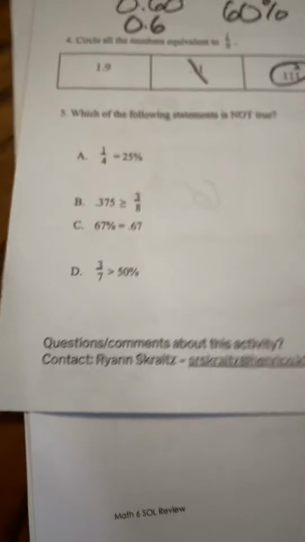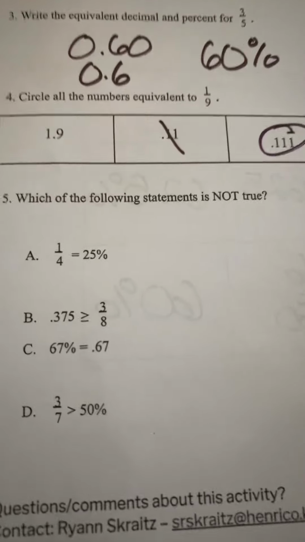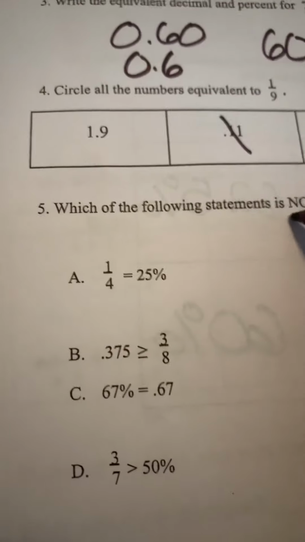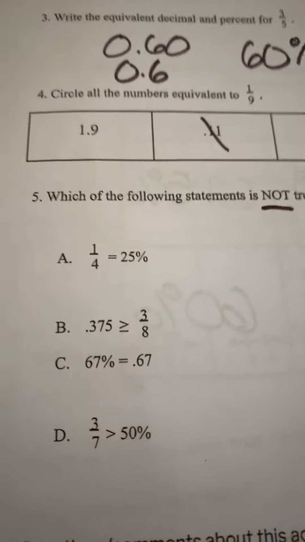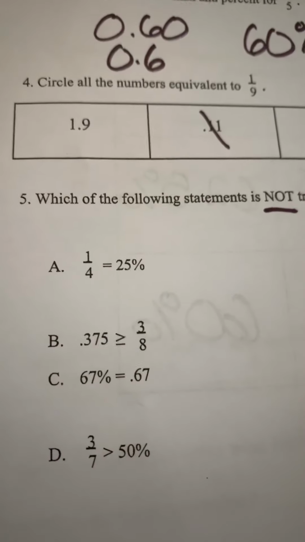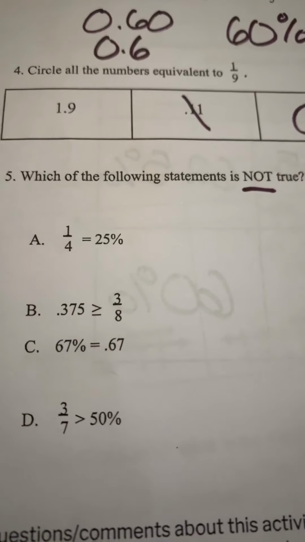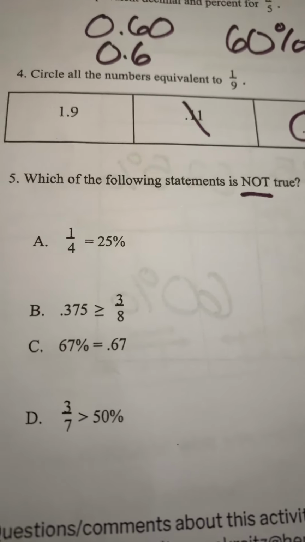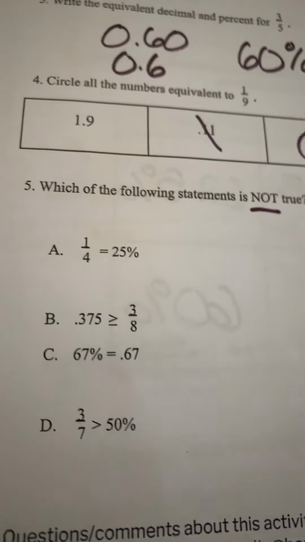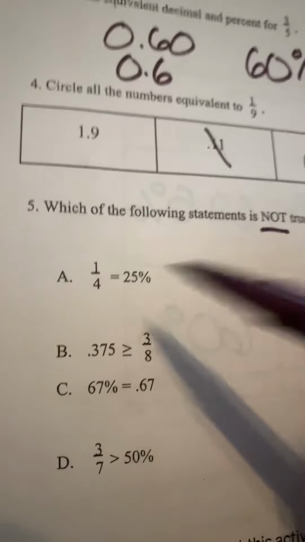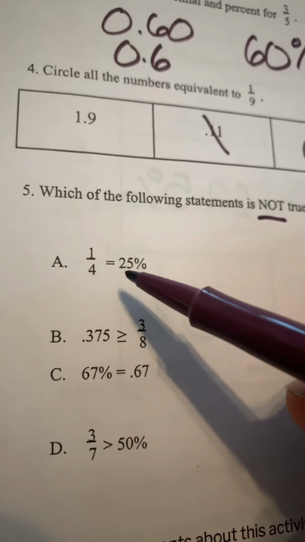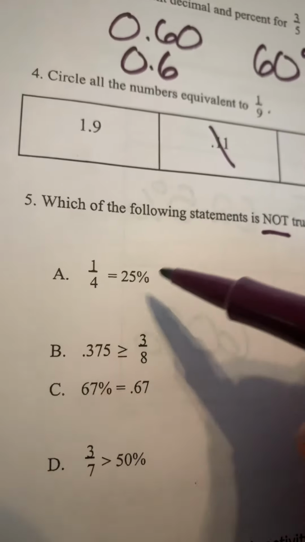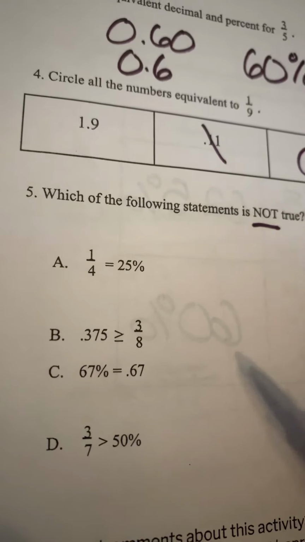All right, number 5. Which of the following statements is not true? So what that means is 3 of these are going to be true. 1 of them is not going to be true. So A, 1/4 is equal to 25%. I already know that one's true because 1/4 is worth 25 cents.